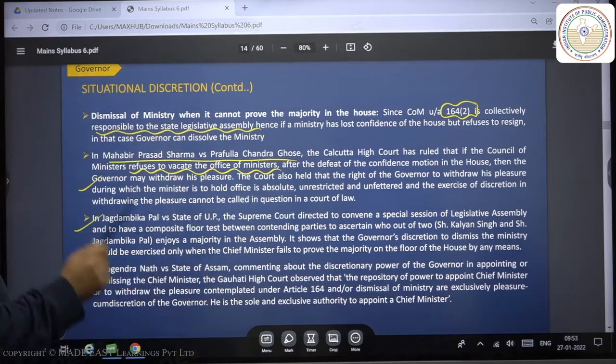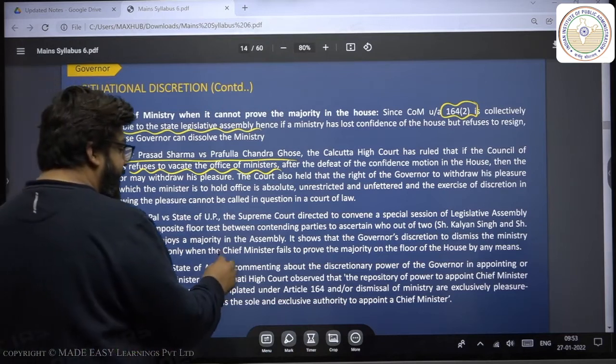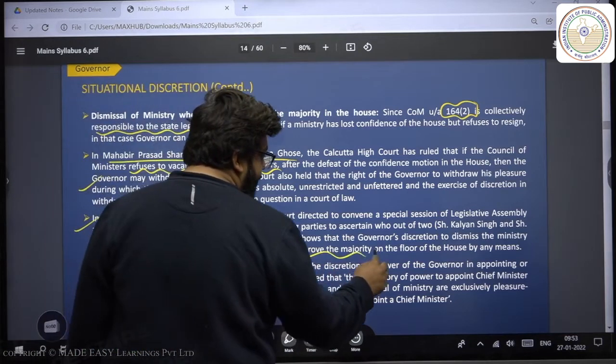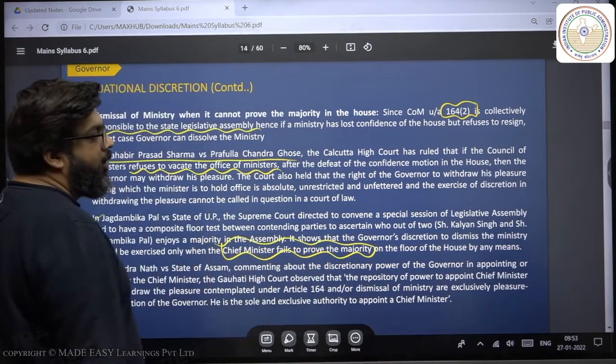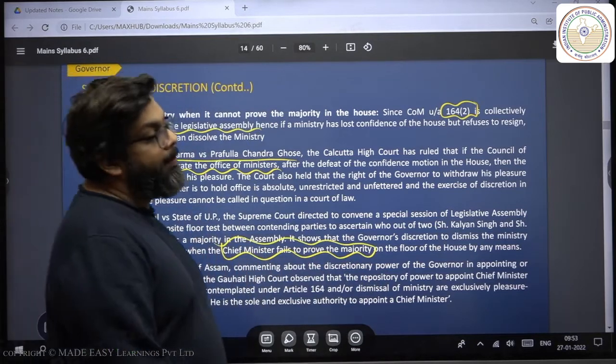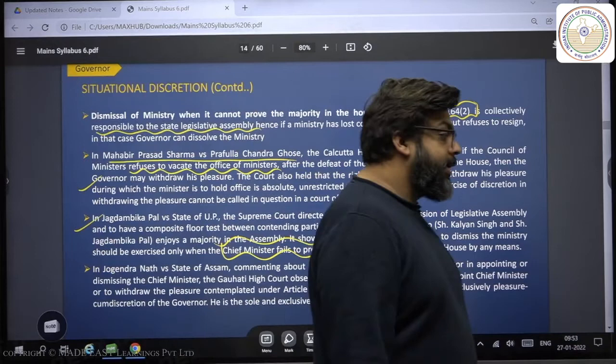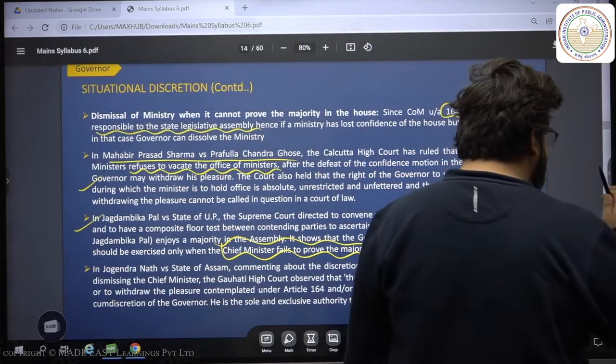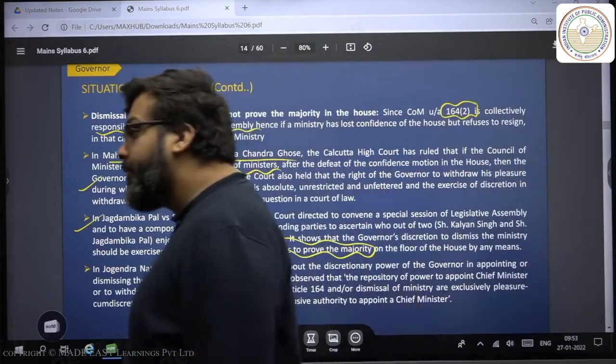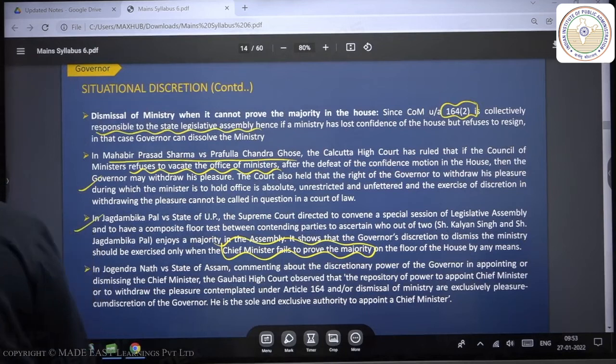That means that the governor's discretion to dismiss a ministry or a government should only be exercised when the chief minister has actually failed to prove the majority on the floor of the house by all means possible. You can't assume this. Unless there is an absolute failure of this, you can't get into further problems here.